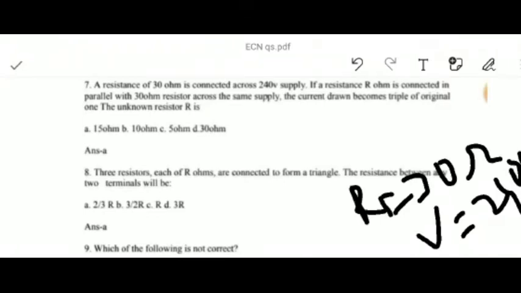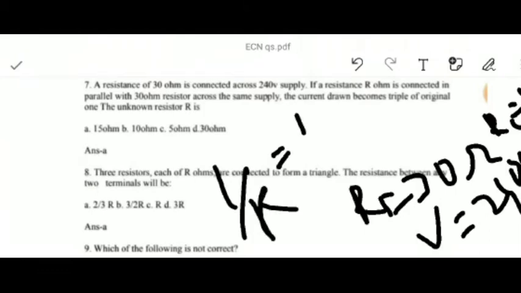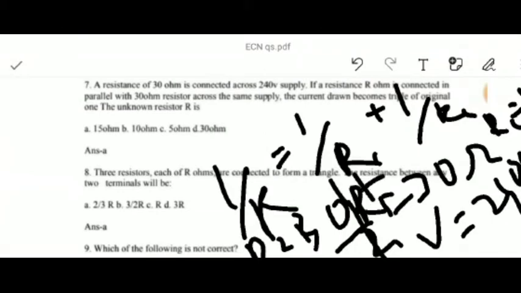In parallel, 1 by R equivalent equals 1 by R1 plus 1 by R2. So 1 by 30 plus 1 by 30 comes to 2 by 30, so R equals 30 by 2, 15 ohm.